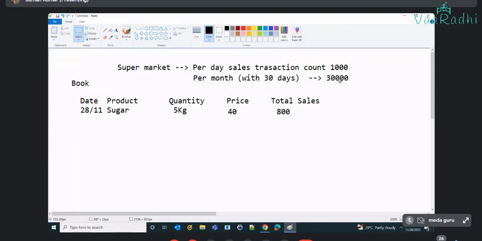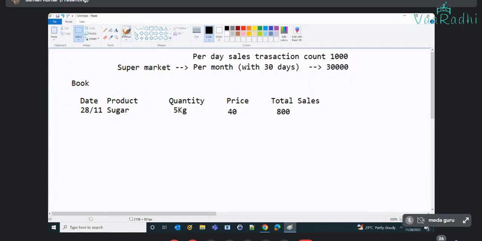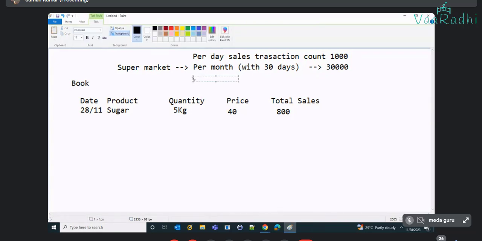And on an average per day, you need 10 pages to maintain one single day's records, one single day's sales transactions. Per day, sales recorded in 10 pages.